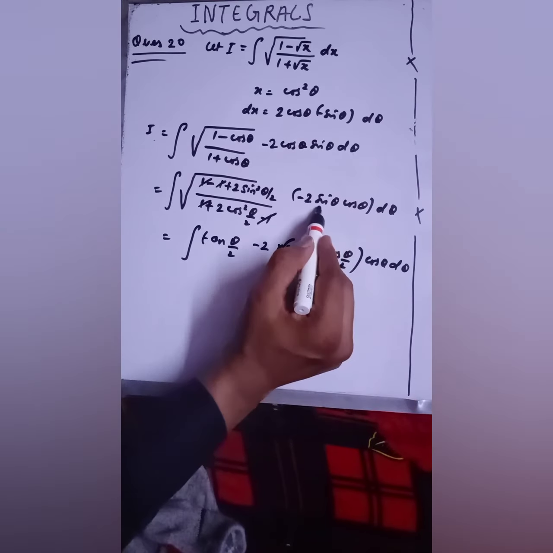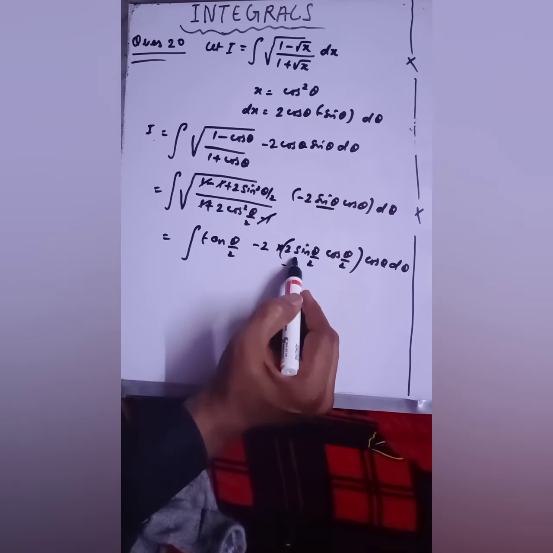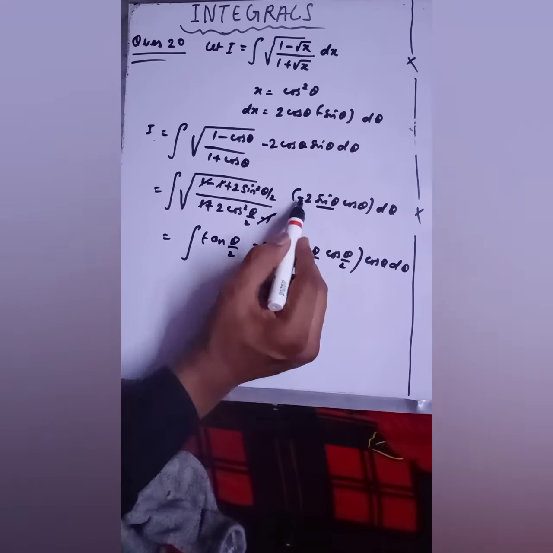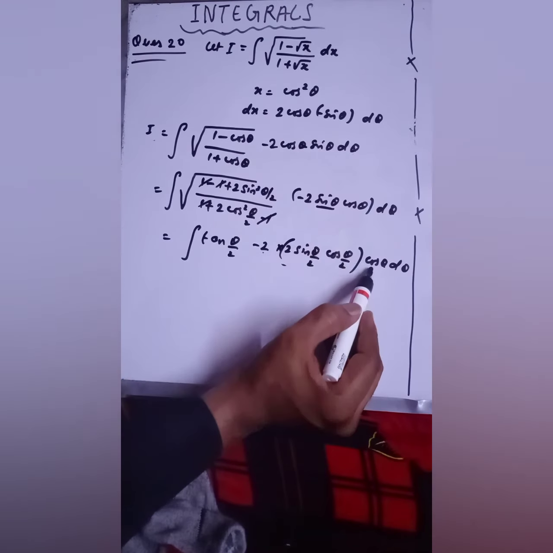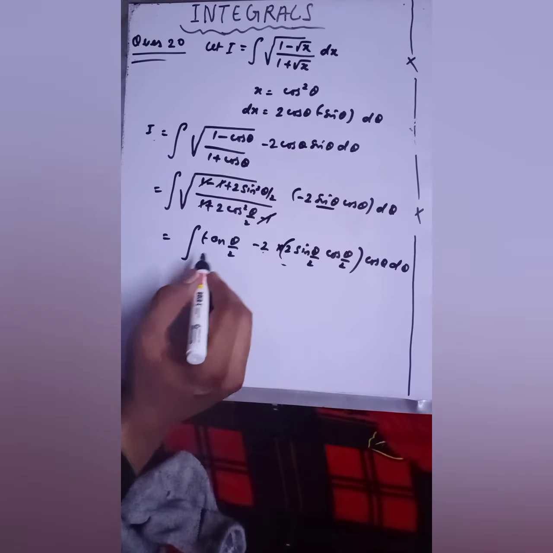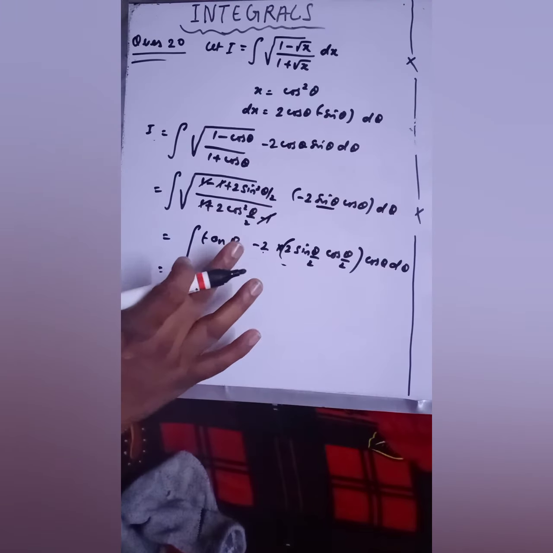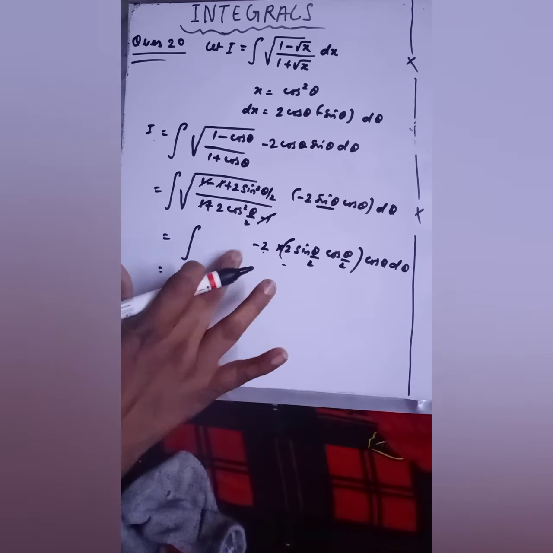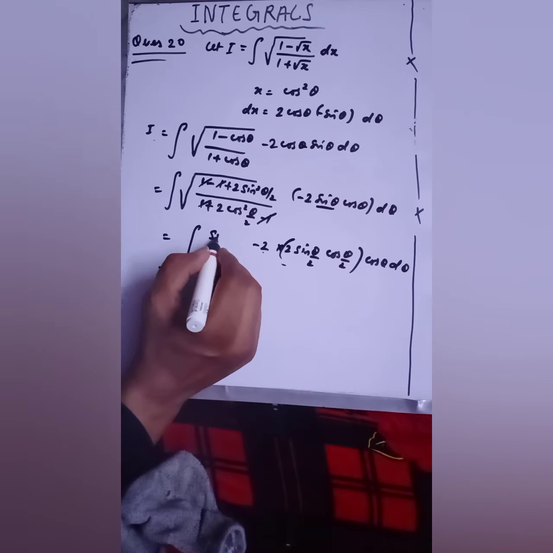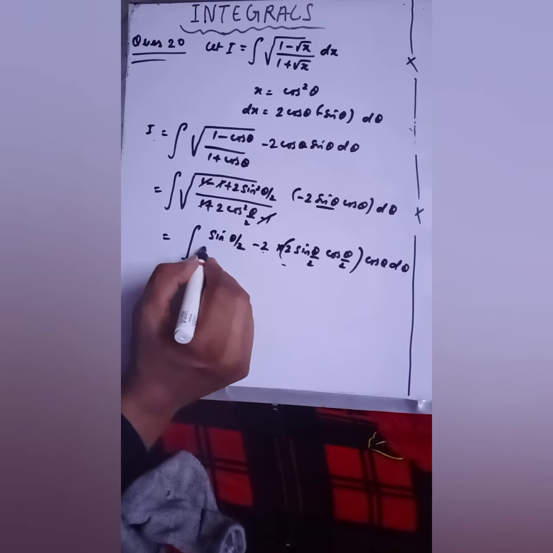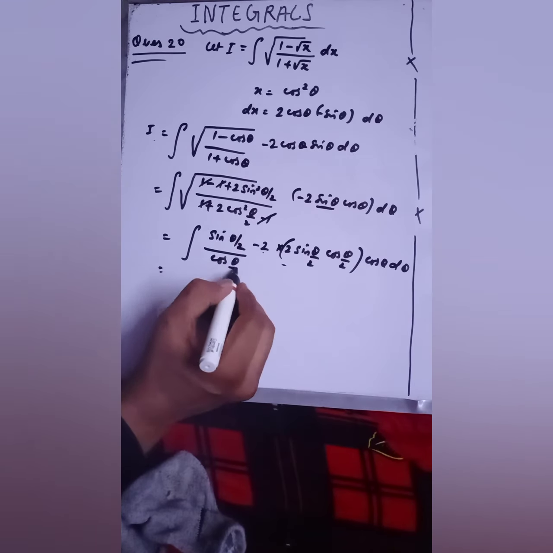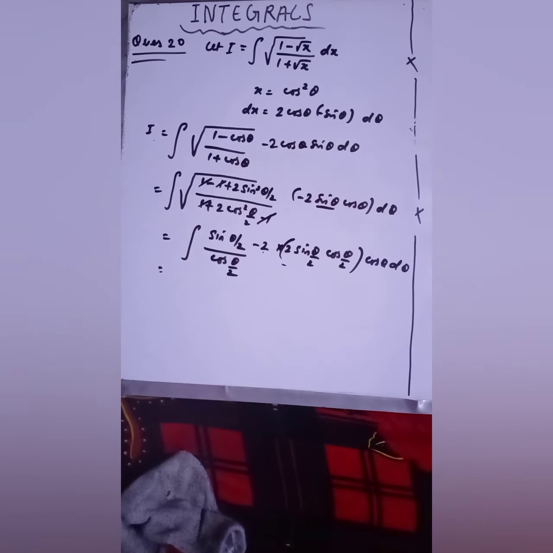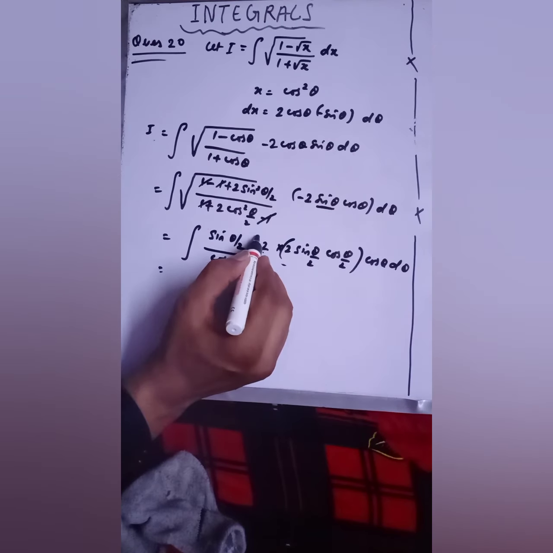This is a formula only for this. We are applying the formula of sin theta only. This minus 2 and cos theta will remain the same. In place of this sin theta you can write sin theta by 2 and cos theta by 2. We are not writing tan theta by 2. Fine.